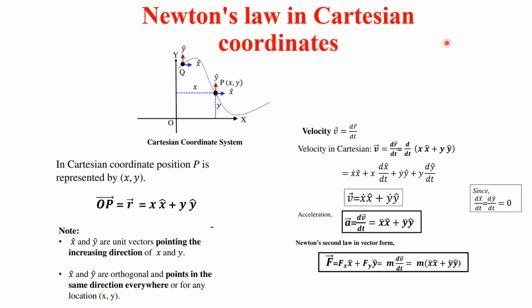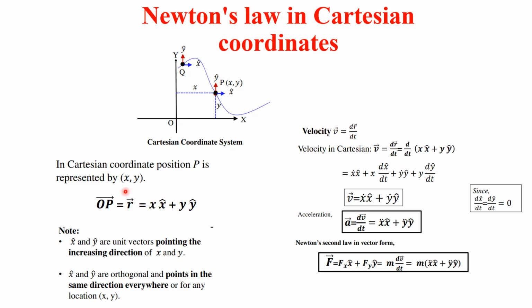With this, we can find the velocity. Once I know the position vector of this particle, I can find the velocity vector. The velocity vector v is equivalent to dr by dt. I simply take the derivative of this r vector with respect to time, because r is a function of time itself.